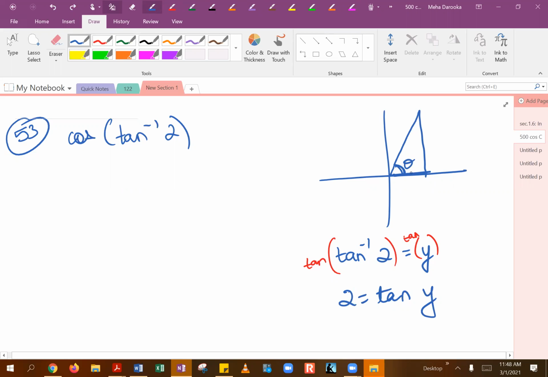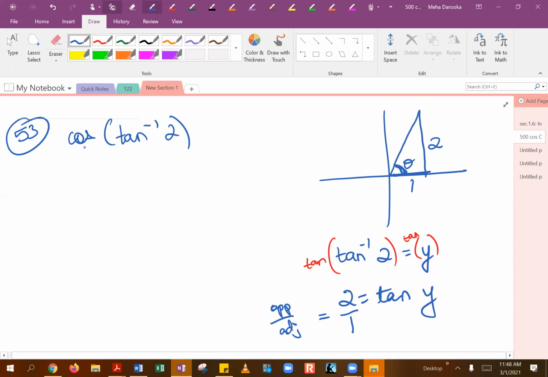So this tangent of y is obviously the angle value. So if this is 2, I can write this as a fraction as 2 over 1. We define our tangent function as opposite over adjacent. So from this angle, the opposite would be 2 and the adjacent would be 1.